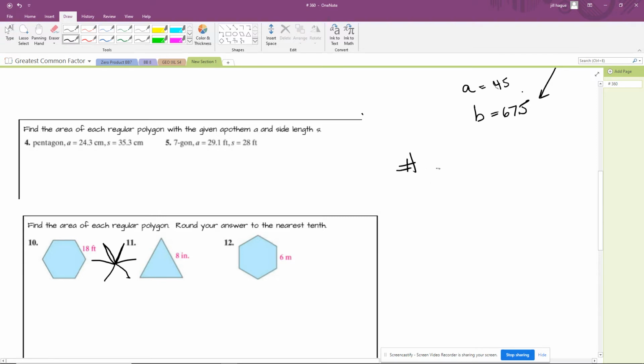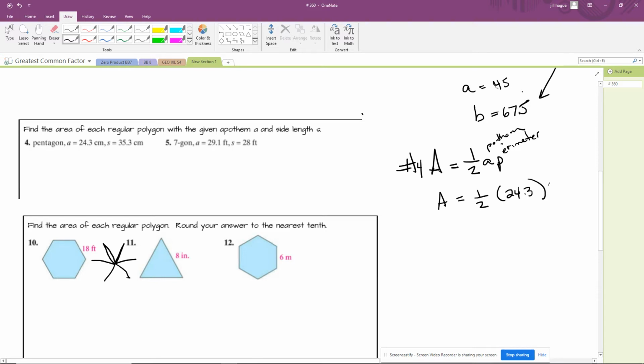So for number 4, we know the area of a regular polygon, or we should know if we looked at the notes, is equal to half times the apothem times the perimeter, right? This is perimeter. This is apothem. So the area is just equal to 1/2 the apothem times the perimeter.